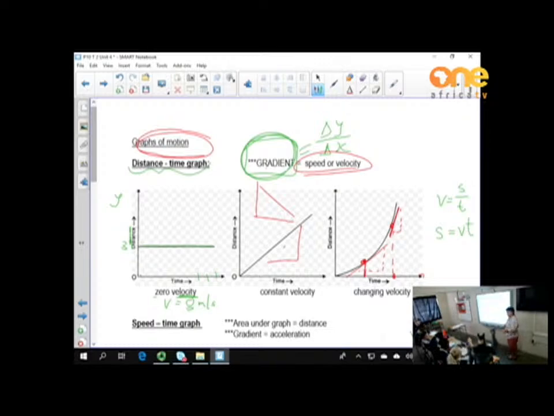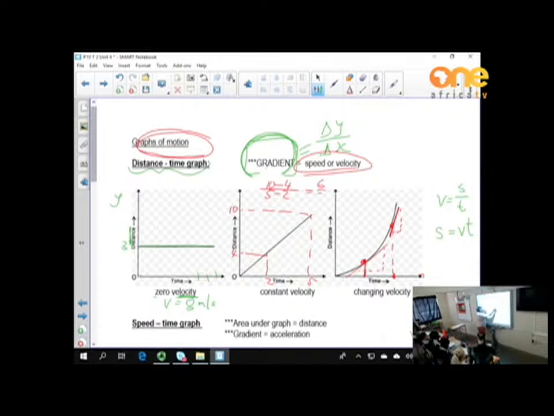Change in y over change in x. Let's say I had 10 over there and 4 over there. Let's say I had 2 and 5 over there. Now, how do you work out the gradient? It is change in y, so it is 10 minus 4 over change in x, 5 minus 2.